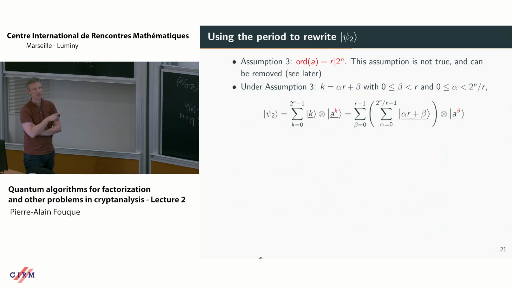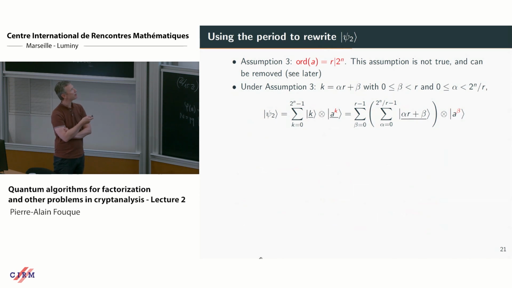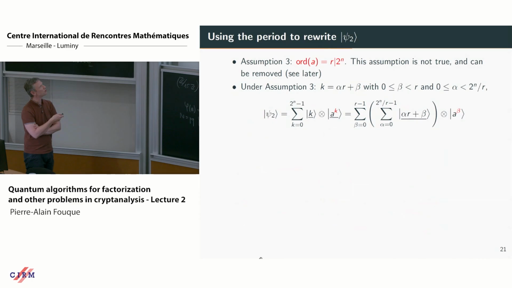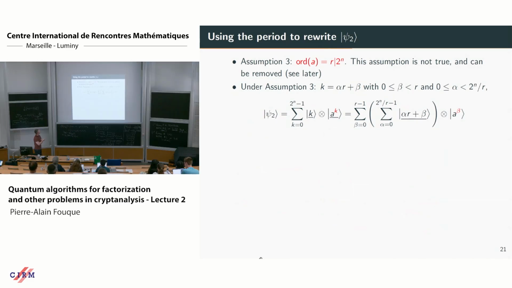It's the case here because I took small n equal to 4, and so r divides exactly 16. But I will explain how we are able to remove this assumption a little bit later.